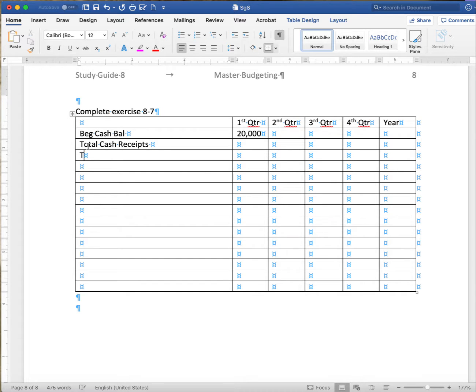Now, total cash disbursements. They summed everything up for us in this problem. They said the total cash disbursements included the raw materials purchase budget, the direct labor budget, because remember we have our cash flow from that.